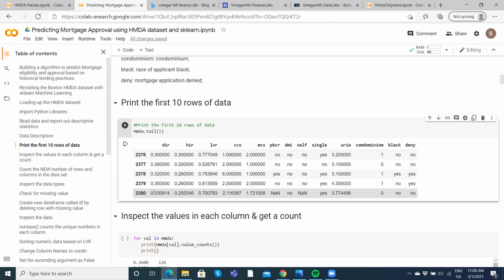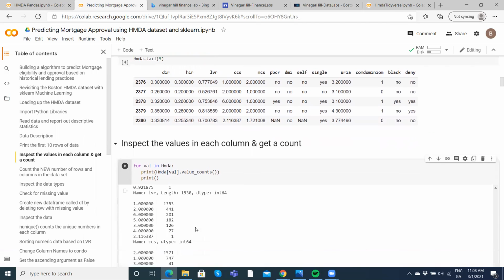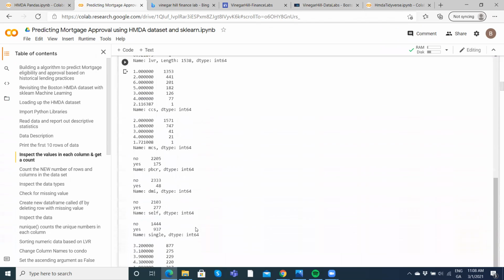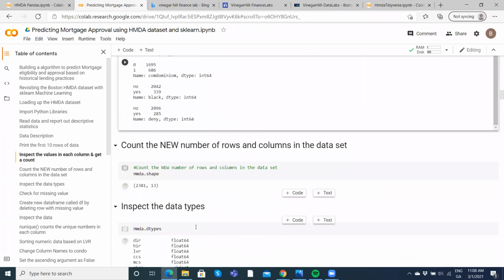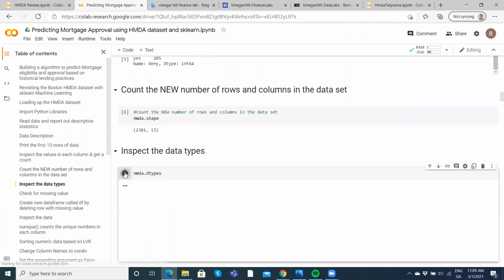So we might exclude it, and we can inspect the data in this format and run through the different data types. We have 2,381 applicants and 13 columns of data. If we look at the data types without having made any changes, we have basically floats and objects.